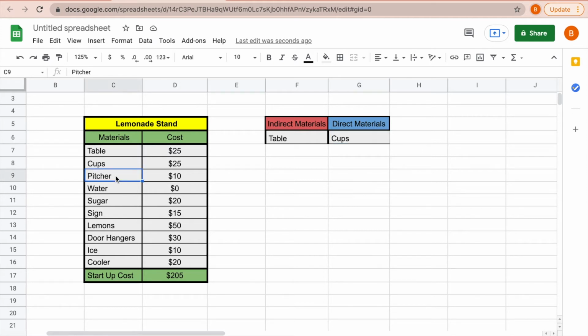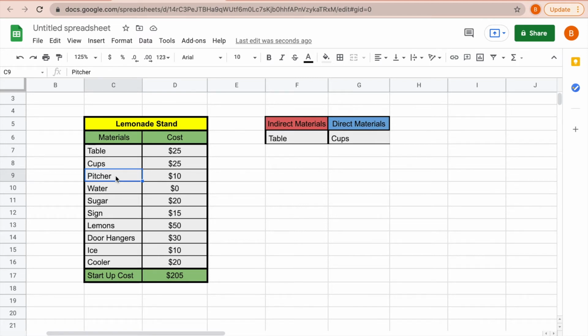The pitcher. The pitcher stores the lemonade, okay? So we need it in order to pour the lemonade and give the customer the product that they bought. But we're not actually giving the customer the pitcher. We're just using it.